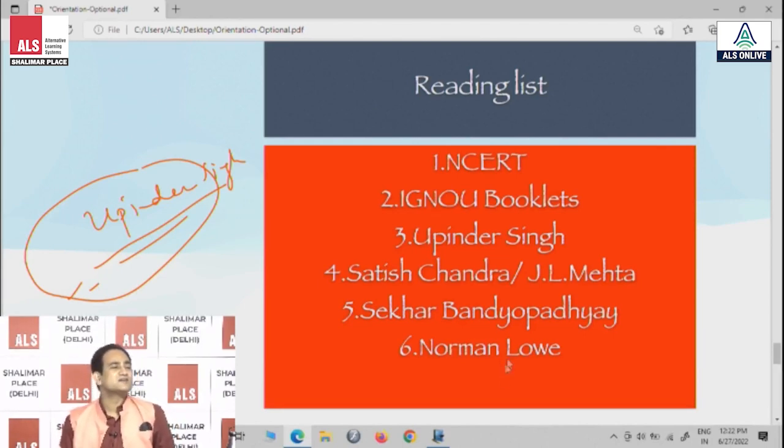Suppose when we will be discussing sources, you can refer to it for sources. When we will be discussing Maurya, you can refer to the Mauryas. Are you getting my point? So Upinder Singh is a must. I will try to simplify Upinder Singh. I will try to give a good structure according to the syllabus, but you have to consult Upinder Singh. Are you getting it? And have you seen that questions in the preliminary examination are asked from Upinder Singh?